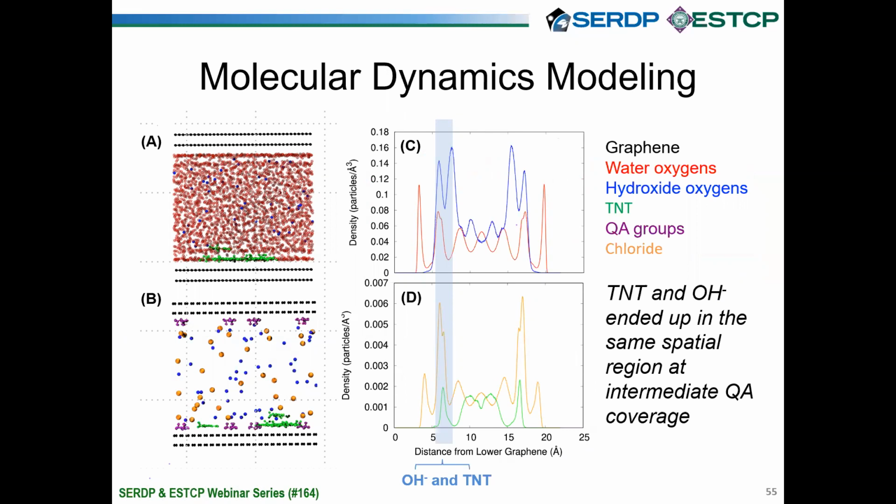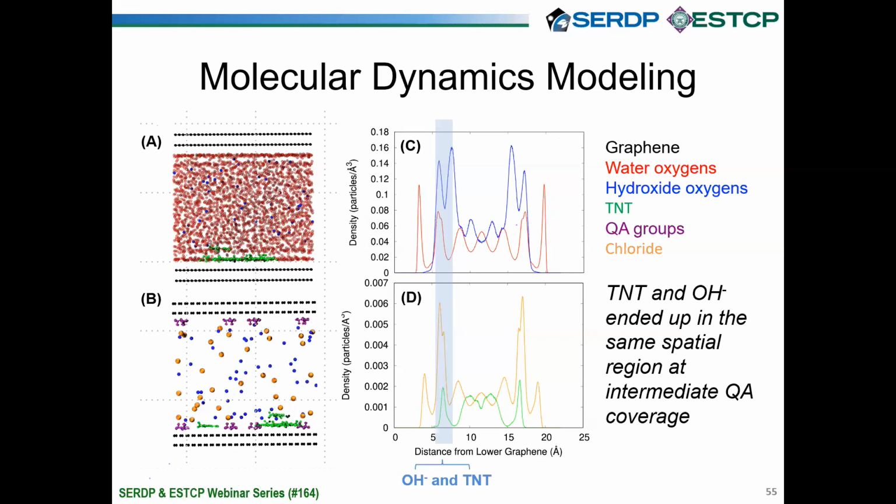We then filled the space with electrolytes, where red represents the water oxygen, blue represents the hydroxide oxygen, and green represents TNT. In panel B, we decorated the graphene sheet with QA groups, which are shown in purple. Chloride was then added into the system to keep the system charge neutral, which is shown in orange.